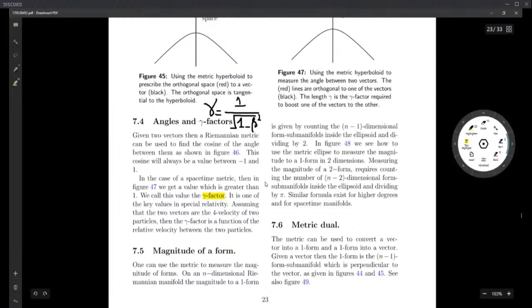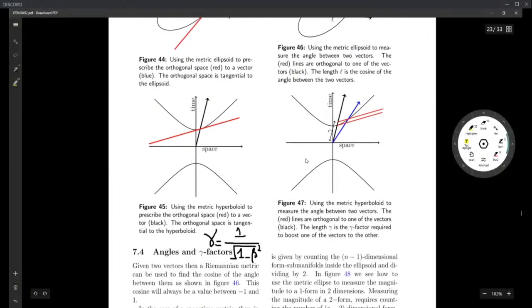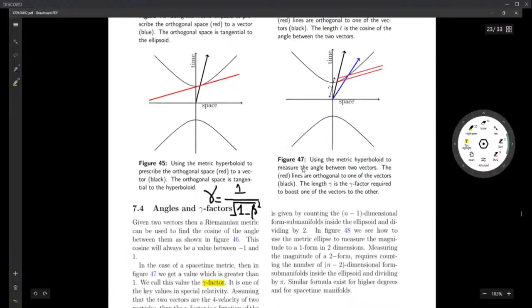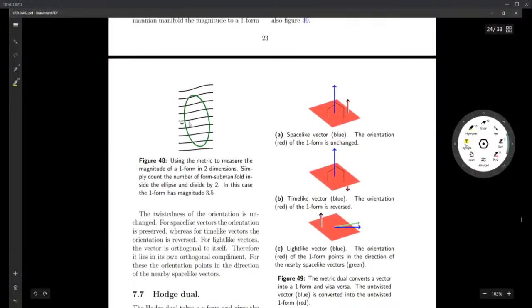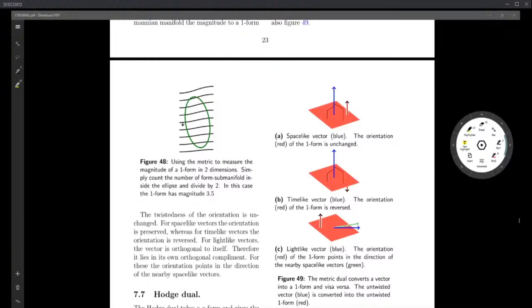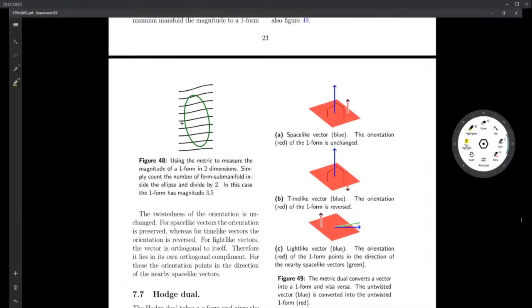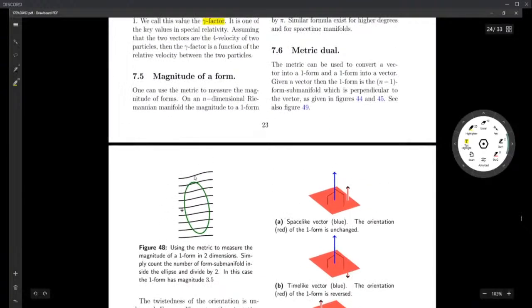Well, you can also use a metric to define magnitudes of forms. When I say forms, I mean functions in a sense. So if you were to measure the magnitude of a one form, which you can think of as grid lines passing over, how do I specify the magnitude of this covector or one form?